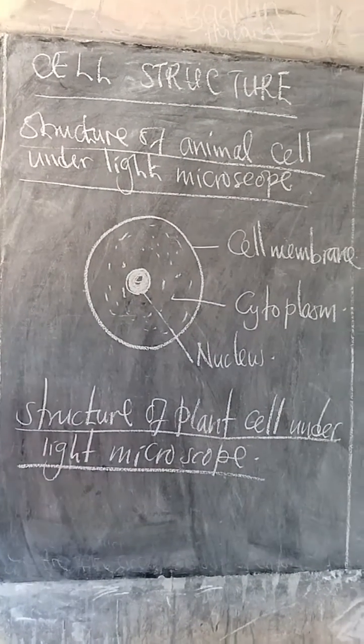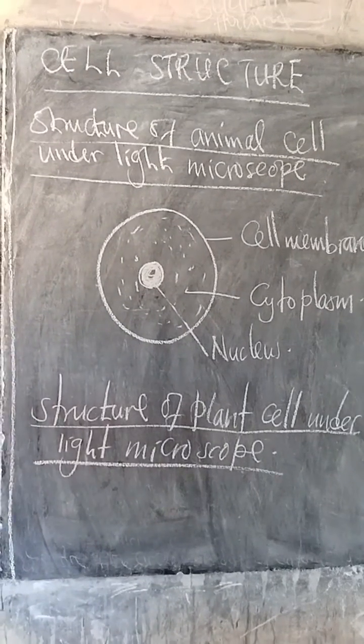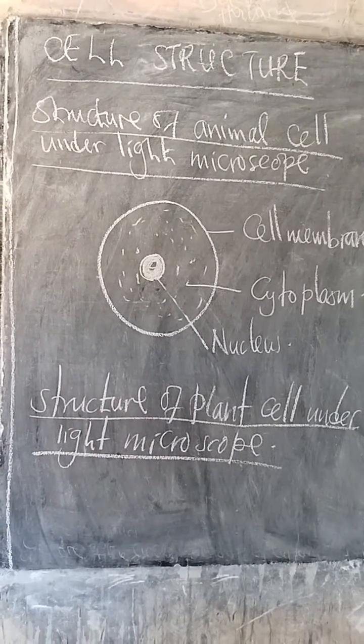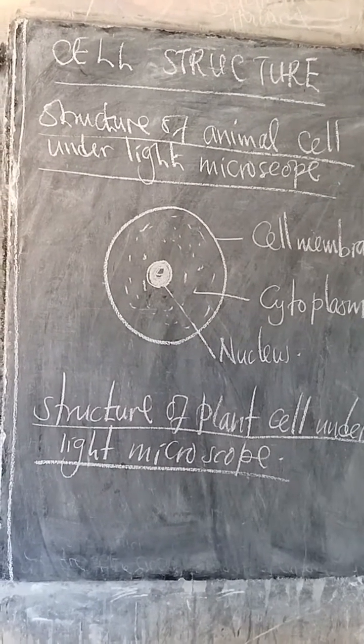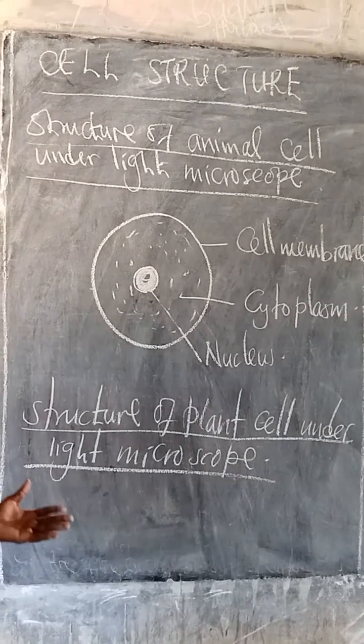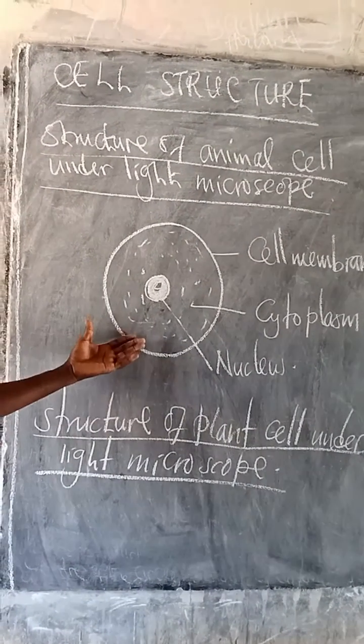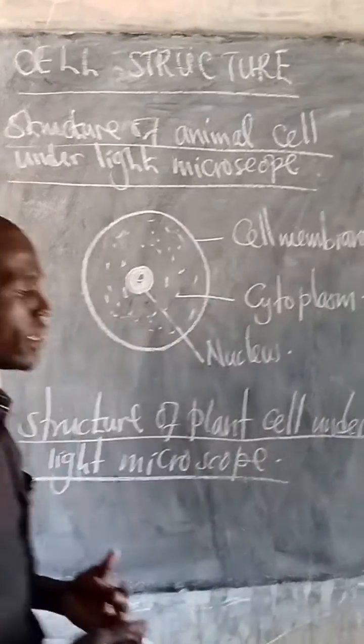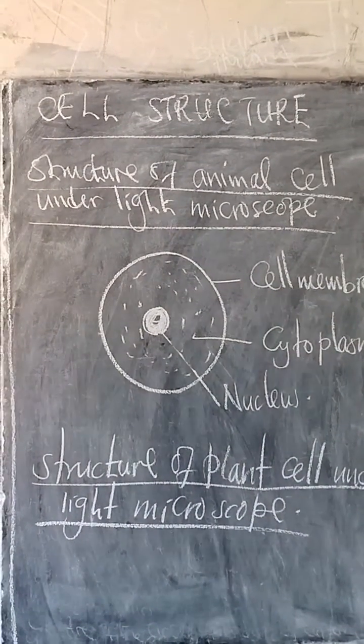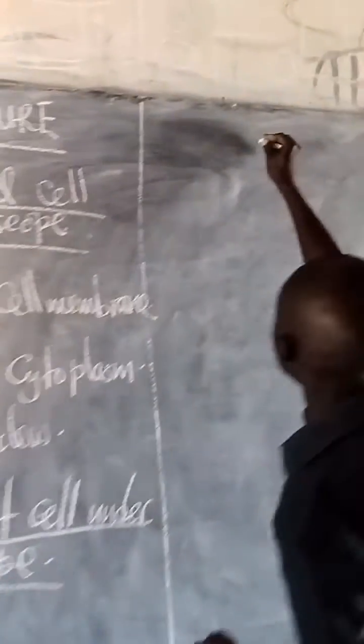So when we observe plant cell under light microscope, the structures that we shall be able to see are slightly more than the ones we have seen in the animal cell. So it means for plant cell under light microscope, we shall be able to see the following structures in the plant cell.